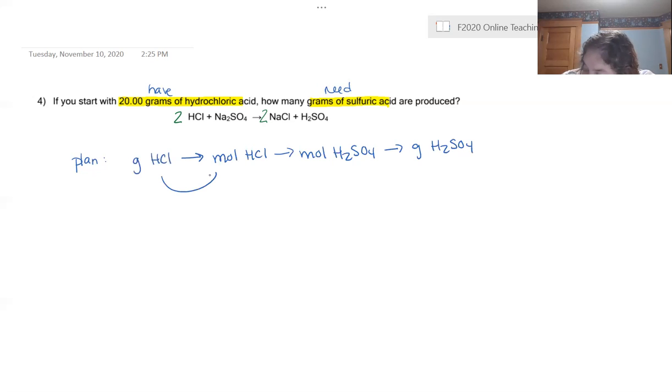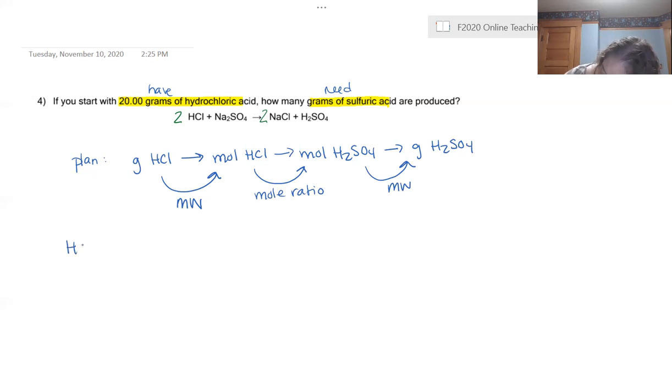So to get from grams to moles, I need a molecular weight to do that. To go from moles of one thing to moles of another thing, I need my mole ratio from my balanced reaction. To go from moles to grams, I need a molecular weight. So let's go ahead and find those molecular weights so that we're all set up to go.